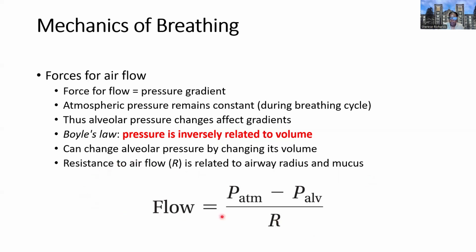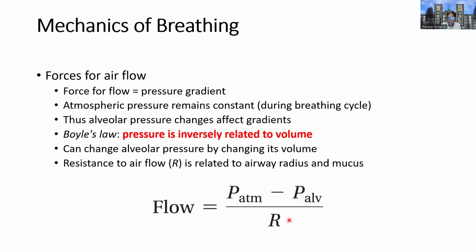So if you look at our overall flow equation here, it's going to be a little bit different than what we described in the vasculature, but same principle. Bulk flow is equal to our pressure gradient. In this instance, our pressure gradient is our atmospheric pressure, usually constant, minus our intraalveolar pressure, which is what is doing the changing.